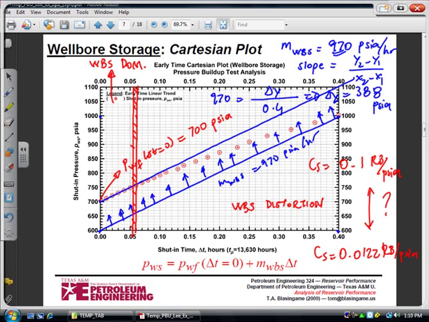Okay, you cannot find two values for the wellbore storage coefficient. I mean, you can find a very close value like 0.015, something like this, but it cannot be 0.1 and 0.0122. So the whole idea is to make your analysis as consistent as possible.